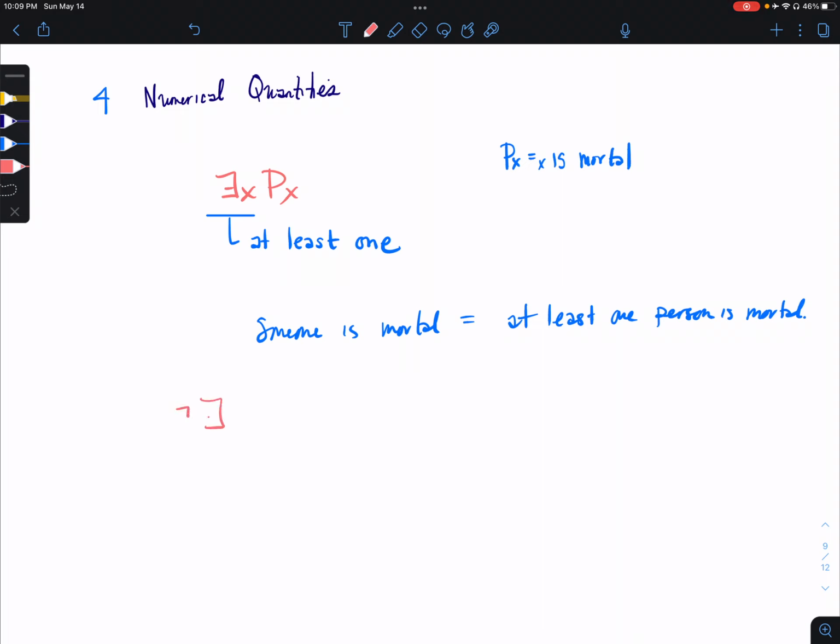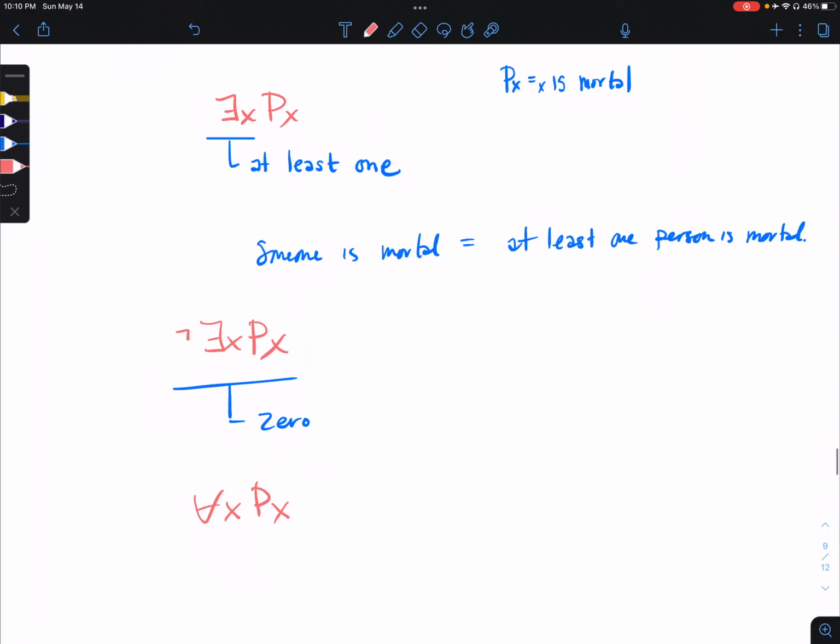We can say it is not the case that there exists an x such that Px. That means no one is mortal. How many mortal people are there? Zero. So we can express at least one, and we can express zero, and we can express all. We don't know exactly how many that is, but all, everything.